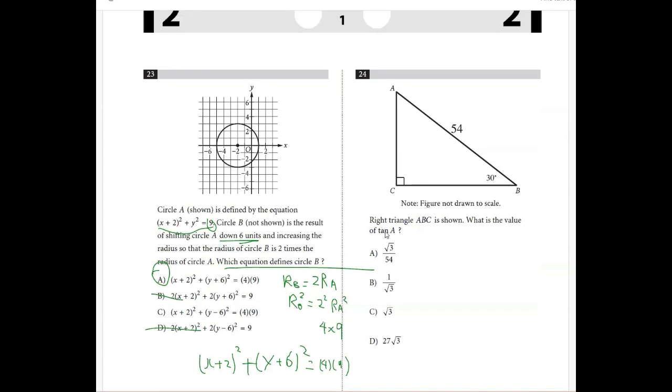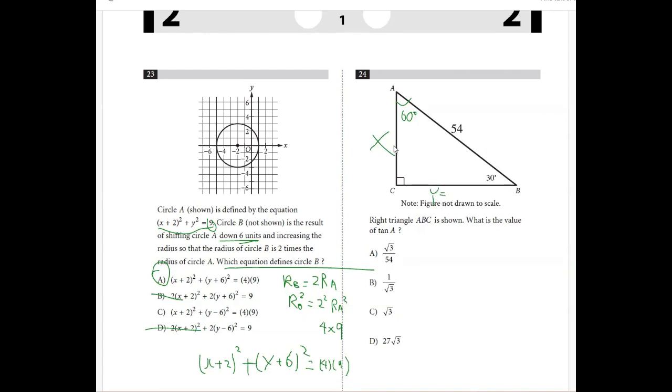Okay, question 24. A right triangle ABC is shown. Find the value of tan of A. So we're looking for what the tangent of A here is, tan of 60. First of all, I need to find this side, and I also need to find this side.